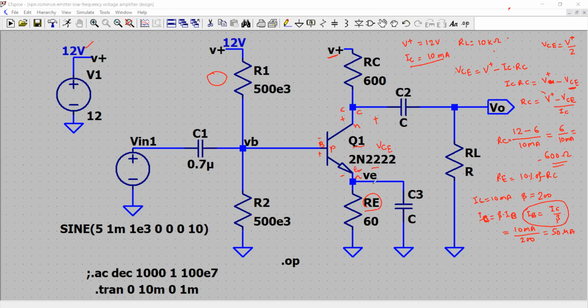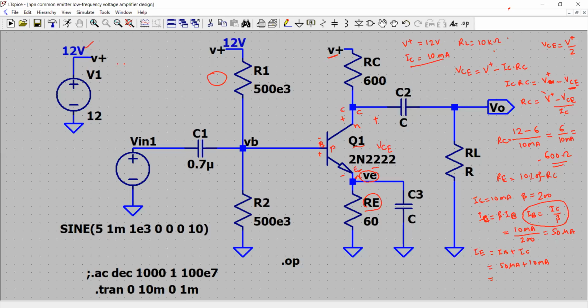Now, the next task is to determine the value of VE. To calculate VE, we need to know IE. IE is IB plus IC, which is 50 microamp plus IC, which is 10 milliamp. So how much should it be?